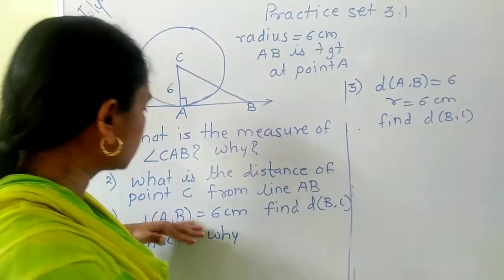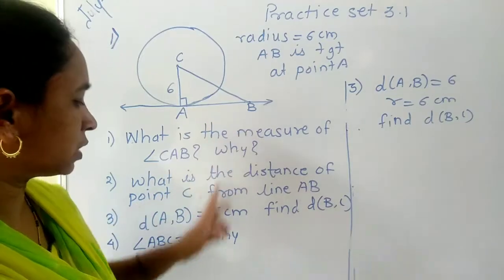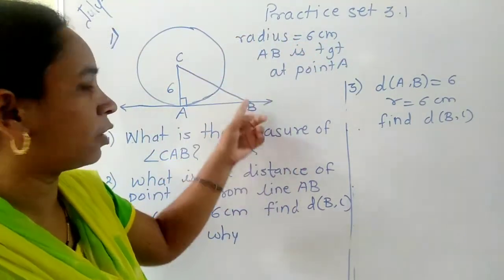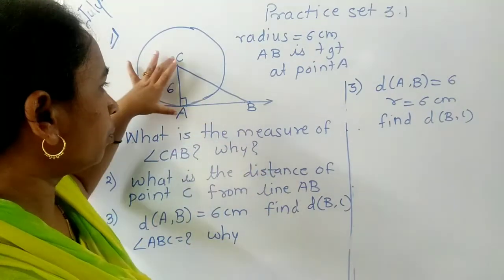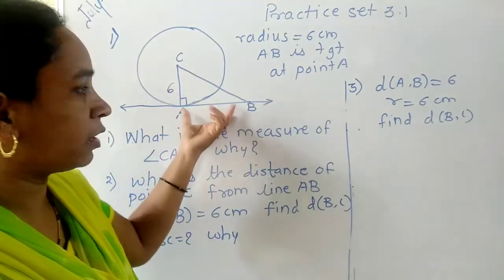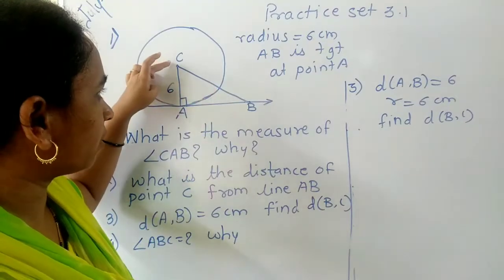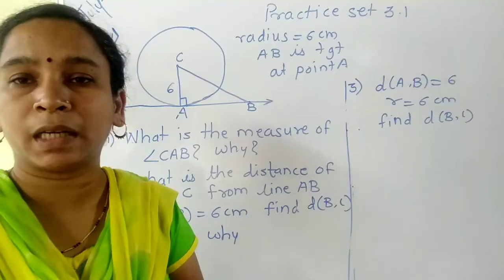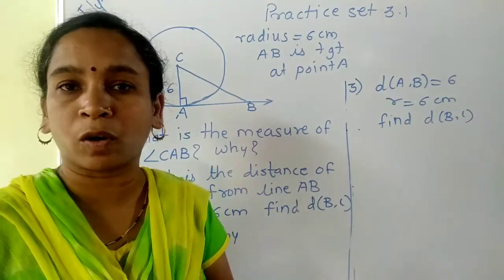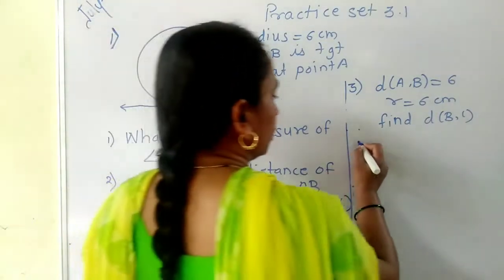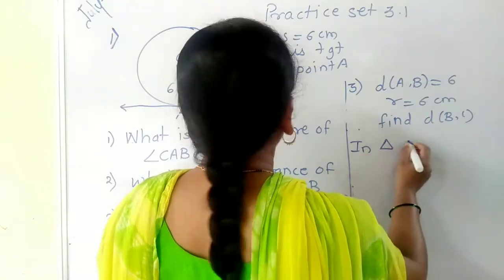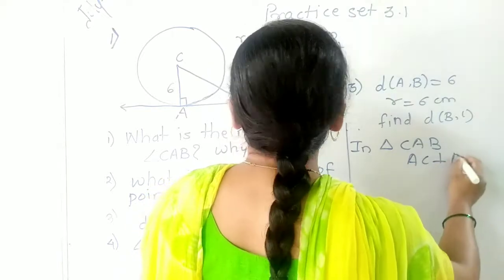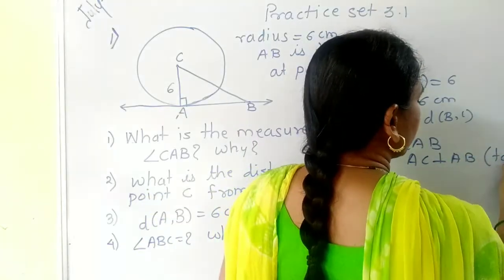Third question, distance AB is given 6 cm. Radius we have 6 cm and we have to find out BC. Here we know by tangent theorem AC is perpendicular to AB. That means triangle CAB will be a right angle triangle, so we can use the Pythagoras theorem. In triangle CAB, AC is perpendicular to AB, reason tangent theorem.